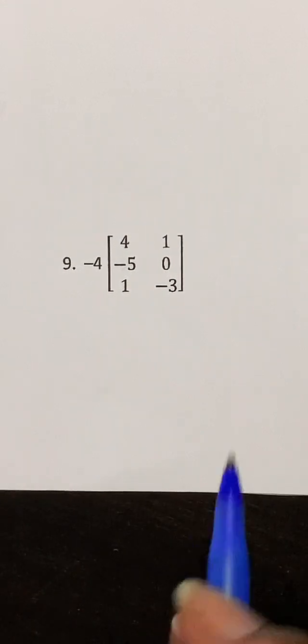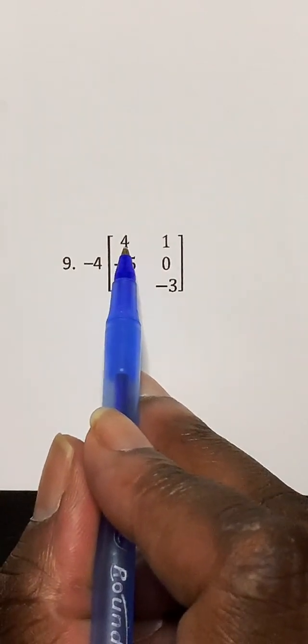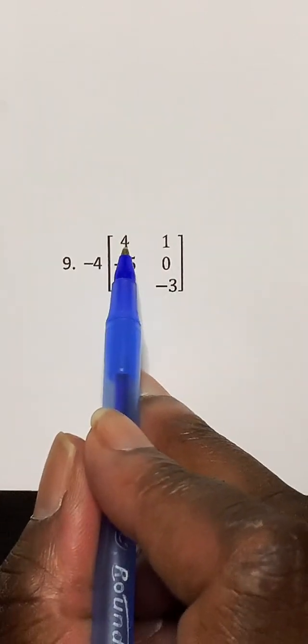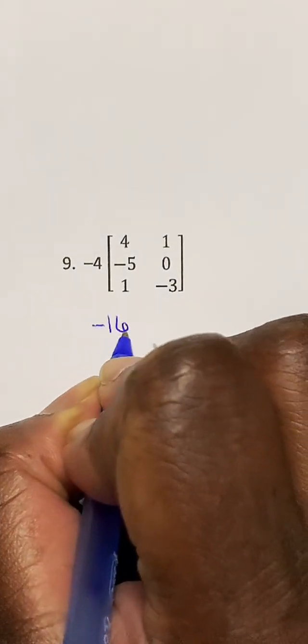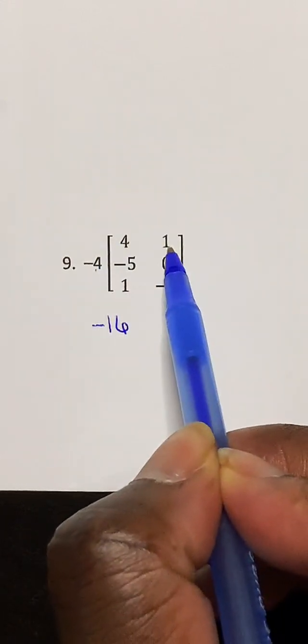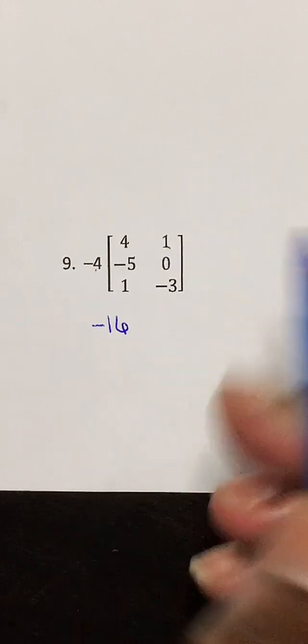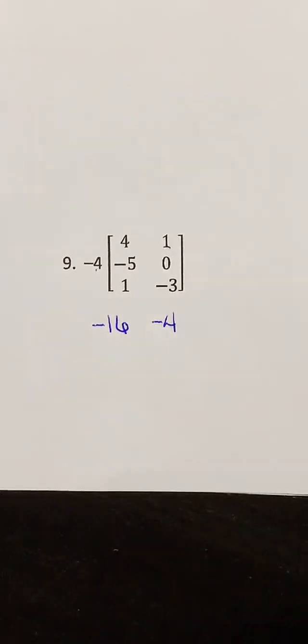Okay, so first row, first column. -4 times 4, that gives me a -16. -4 times 1, remember it's first row, second column, that gives me a -4. All right.